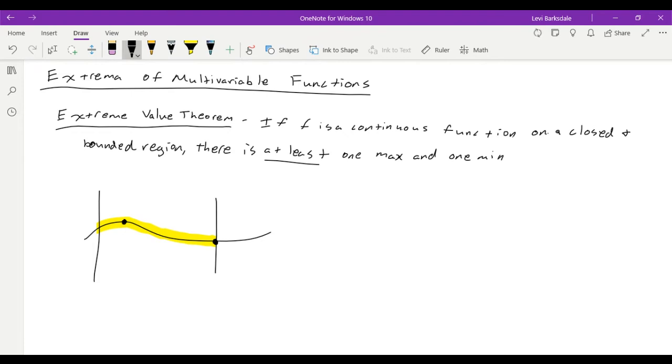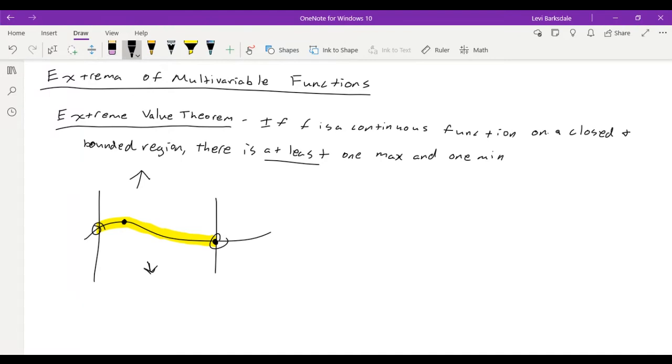So basically all it's saying is if you have a function that's not infinite in any direction, so not infinite up or down, and it's not infinite in its size, so we're looking at just a finite section of it, in this case we put these boundaries right here and right here, then it's going to hit a tallest point and a shortest point. And this is true for not just two-dimensional graphs, but also three-dimensional ones.